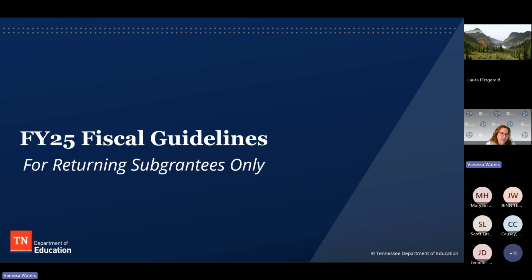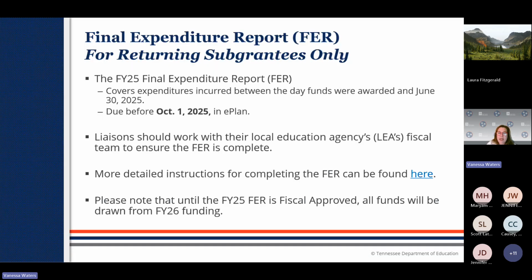So quickly, let's look over FY25 if you're a returning subgrantee. Next year, subgrantees will be required to do this for FY26, but for FY25, you'll have to do your final expenditure report, which is your FER, in order for funds to carry over into FY26.